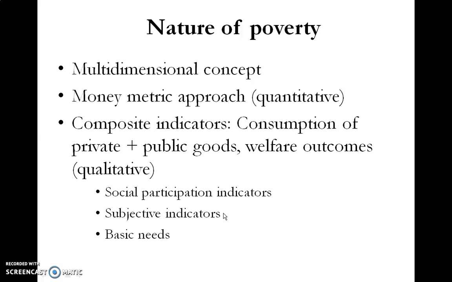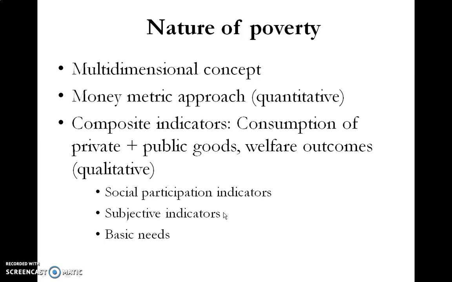So let's start off by thinking about what poverty is. What is the nature of poverty? Well, it's difficult to define uniquely because poverty is a multidimensional concept. In general, there are two broad approaches that are used to identify and measure poverty.